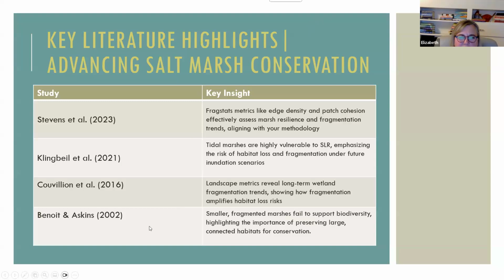And this bottom study by Benoit and Naskins was also really important, because not all birds are going to have a problem with sea level rise and with the flooding that occurs. As the marsh migrates, there's some species that might actually do a lot better because they like to be along the edges.